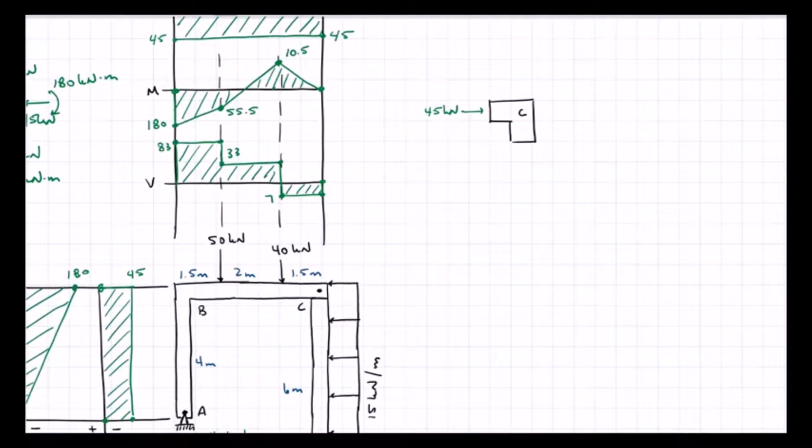Horizontally, coming from that horizontal member, shear is -7. I do not have moment because it's a hinge. So that means I'm going to have shear of 45 kilonewtons for the vertical portion of C and a compression of 7 kilonewtons for my vertical portion of C.